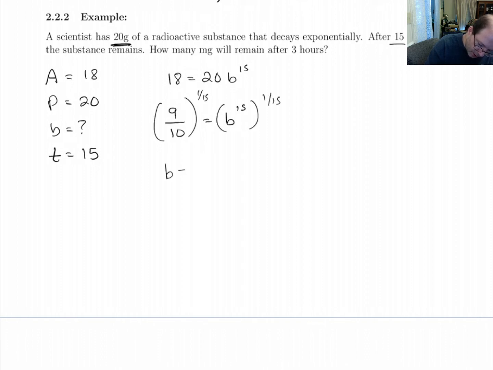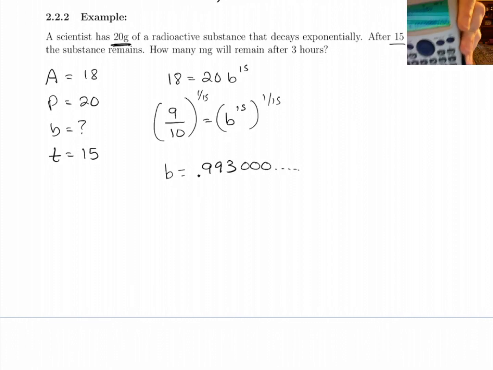And I get B equals 9 over 10 to the 1 over 15. I get 0.993, then several zeros, and then some other numbers. I'm just going to keep that number in my calculator, and we'll use it on the next part.